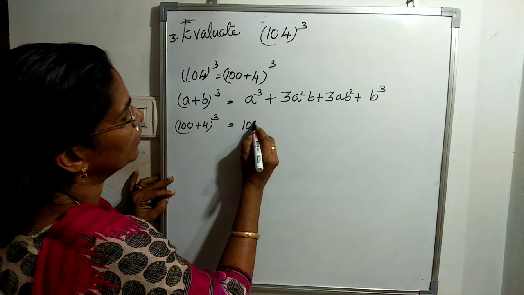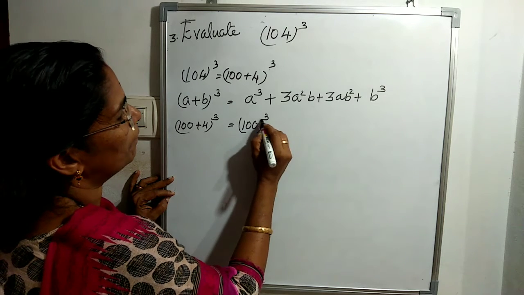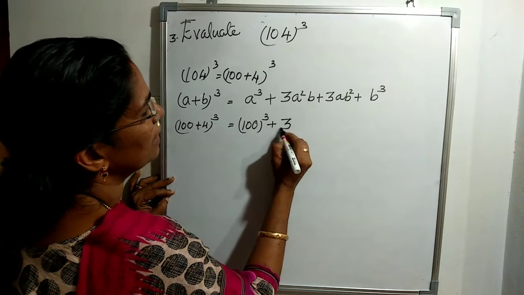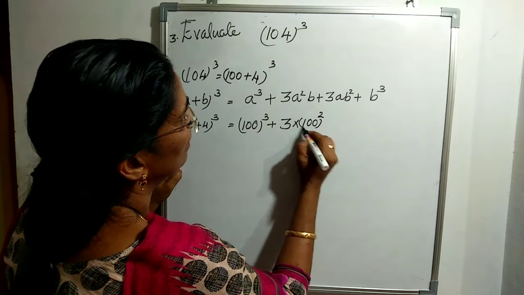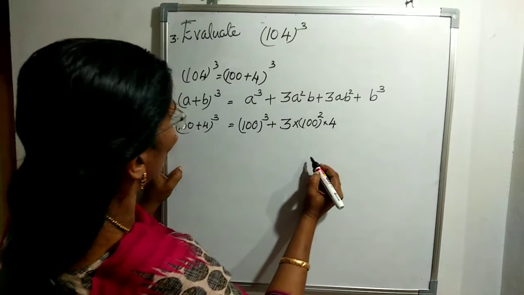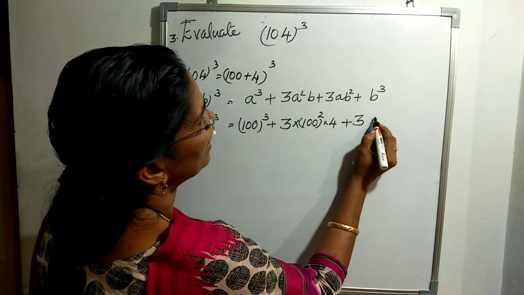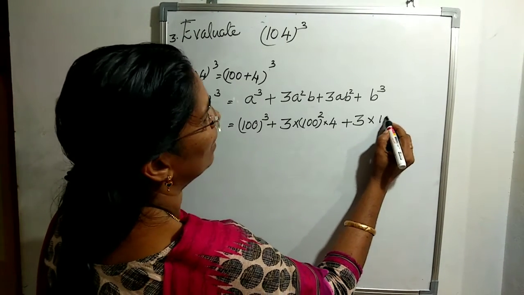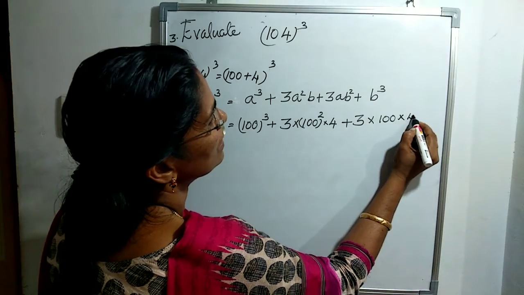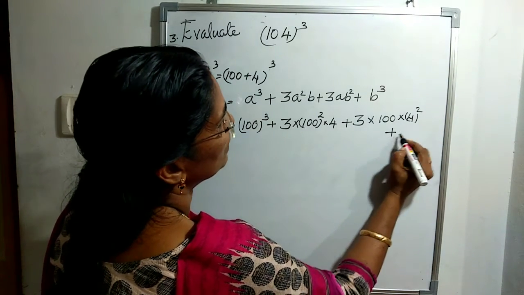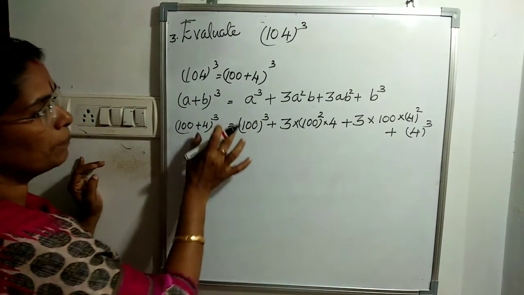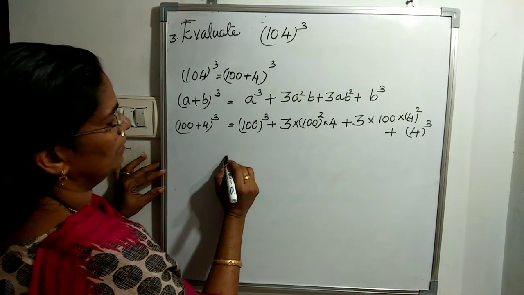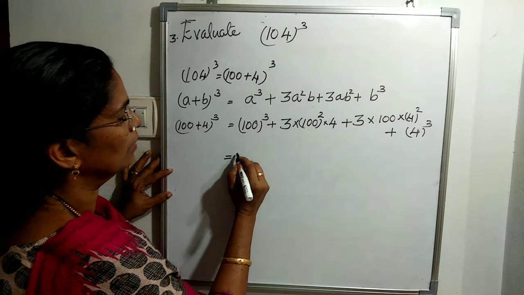So 100 cube plus 3 into 100 square into 4 plus 3 into 100 into 4 square plus 4 cube. Applying the identity and solving.